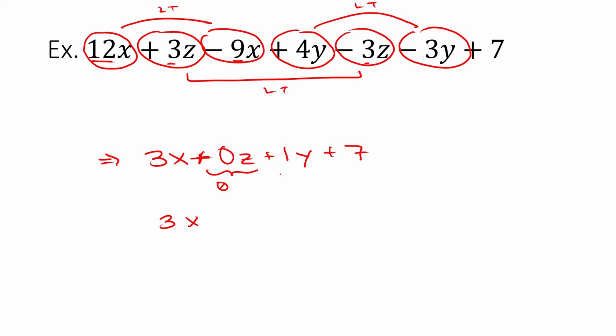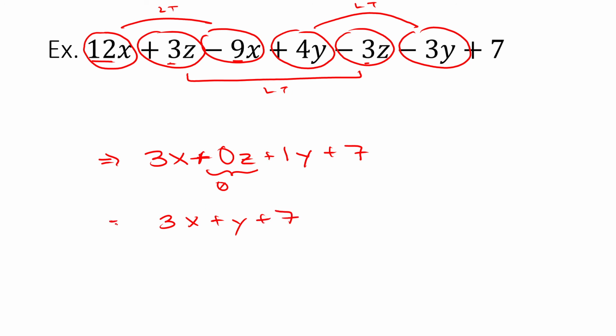Now let's move on to the next one, 1y. Do you guys remember the identity property? 1 times y is y. So we can write this as plus y. And then, can we do anything else with 7? No. So that's it. Bring it down.